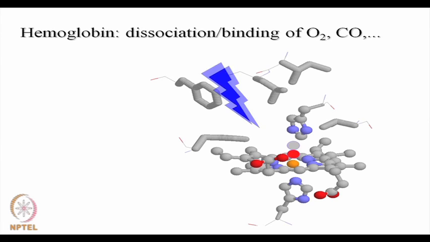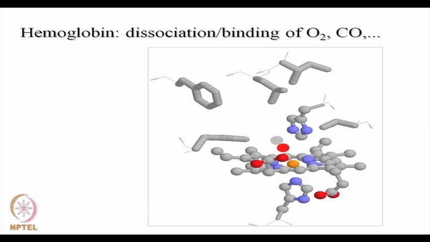Okay. Light is falling, then it is detached, and then it is going outside. Okay. Outside your protein matrix, or maybe outside your central metal. Okay. This is the metal.